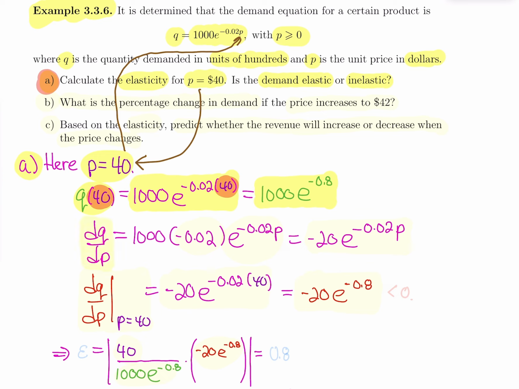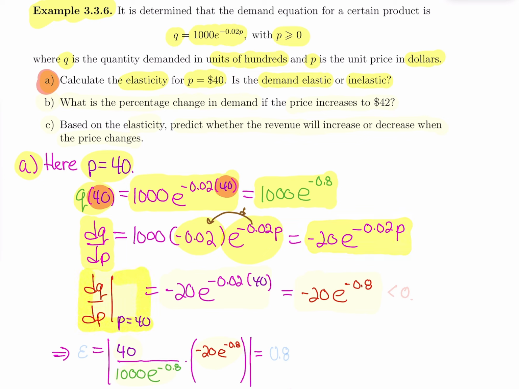So the real computation is to compute the derivative of Q with respect to P. This is a mini chain rule. We have e to the power of some stuff, so you get e to the power of that stuff again, times the inner derivative, which is minus 0.02. You keep the 1000 up front, and now you have your derivative.